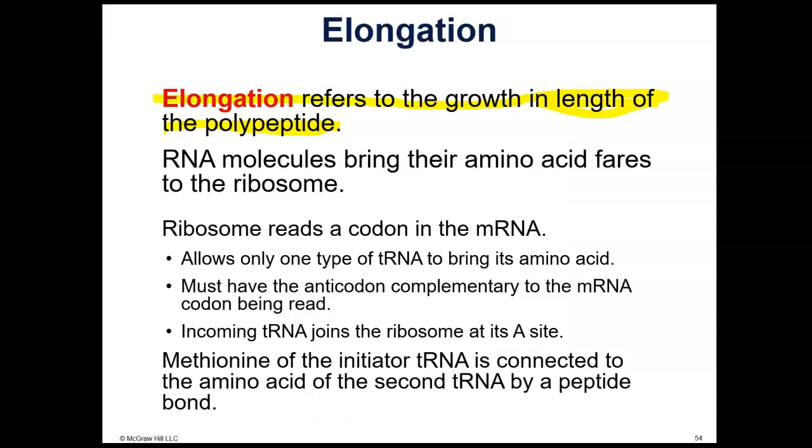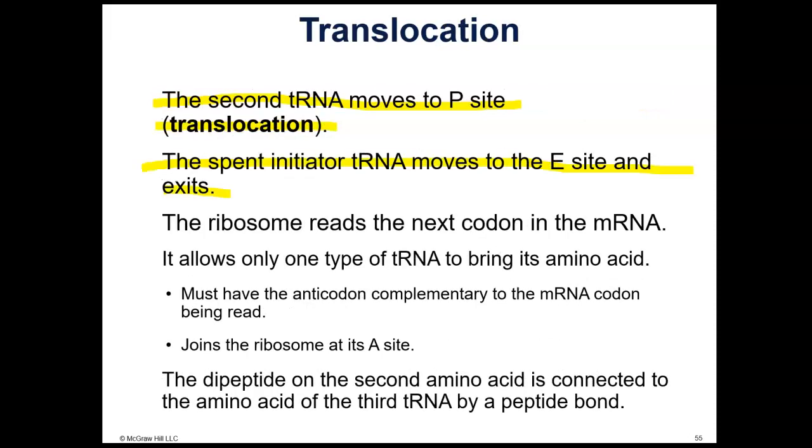Then you have the elongation, which is the growth in length of the polypeptide. That occurs as more transfer RNAs come in and add amino acids to the polypeptide. And translocation is when the second transfer RNA moves to the P site. That's called translocation because the first RNA has to move over into the E site.